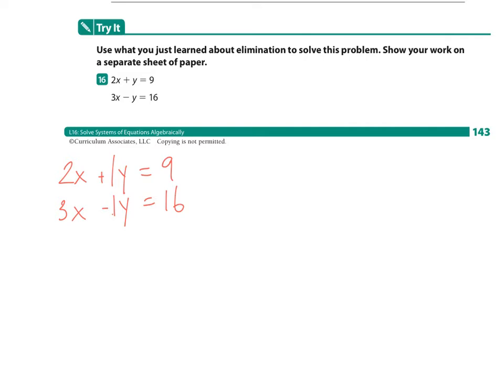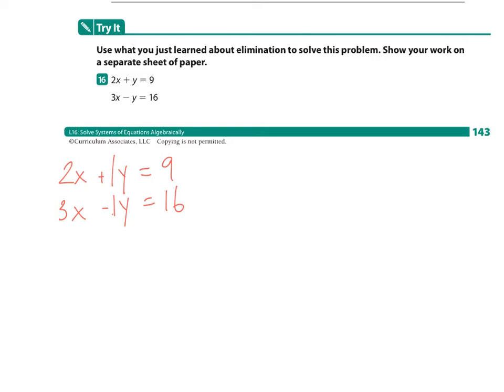So step 1 in elimination, are x and y on the same side? Yes, they are. Step 2, I need matching coefficients. So your x coefficients are 2 and 3. Your y coefficients are positive 1 and negative 1. So those are close. Is there a number that I could multiply, say, negative 1 by to get it to turn into positive 1? Sure there is.